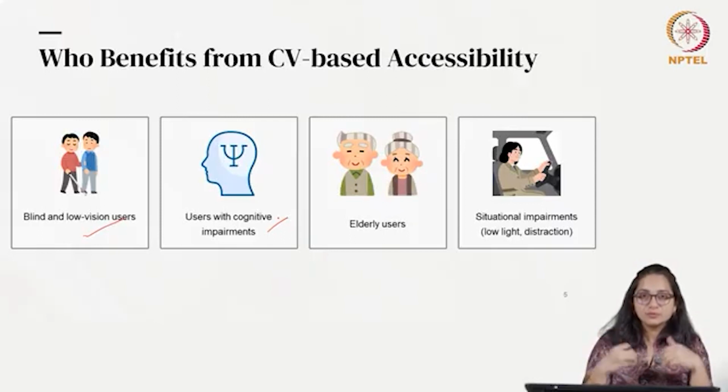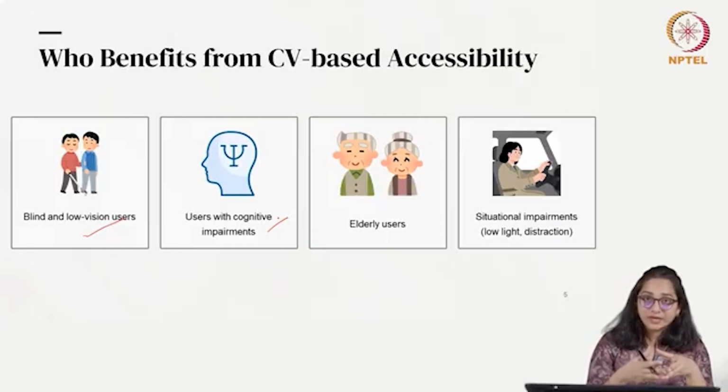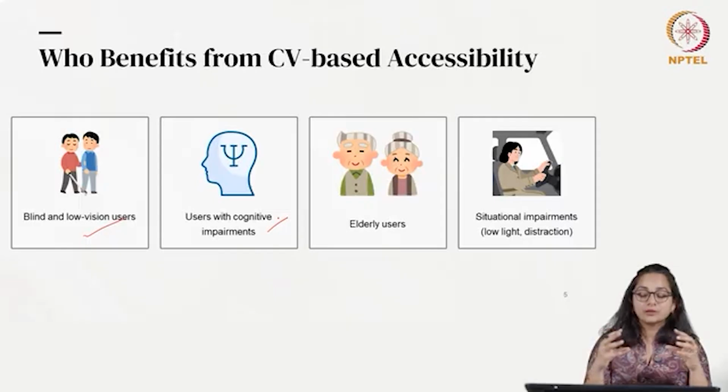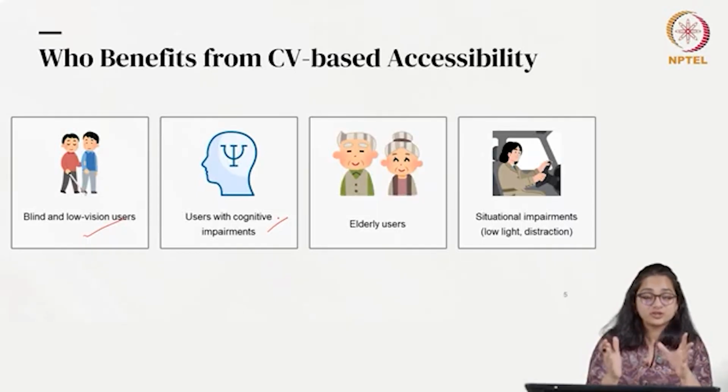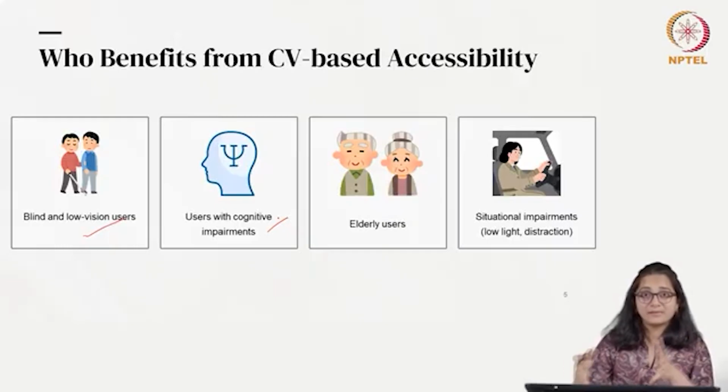So, if the information is overwhelming in some cases, computer vision models can help simplify it, enabling attention focus on specific call to action buttons or in a step by step manner.